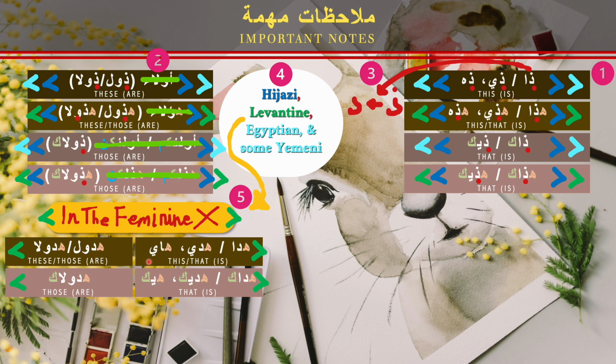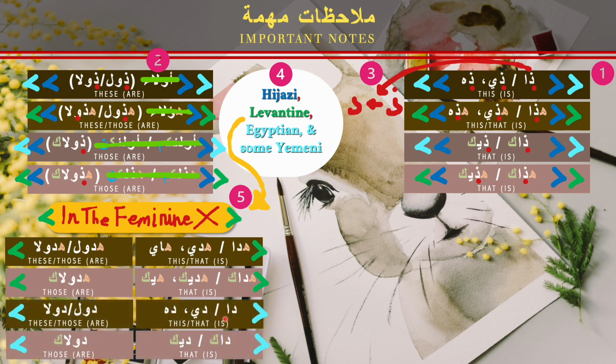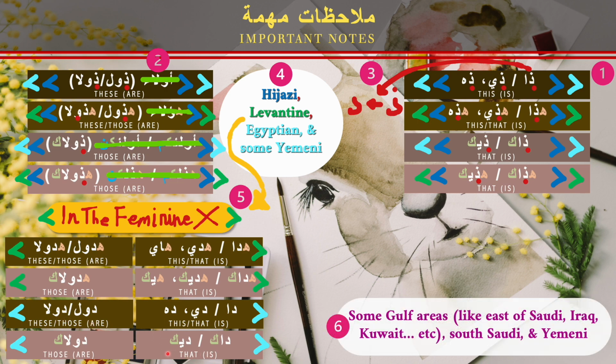So hi, hadol, hadola, hadolak, hadak, hadik, or even they say hek. So that is the Levantine. In the Egyptian and some Yemeni, they say da, di, da, dola, dolak, dak, dik.